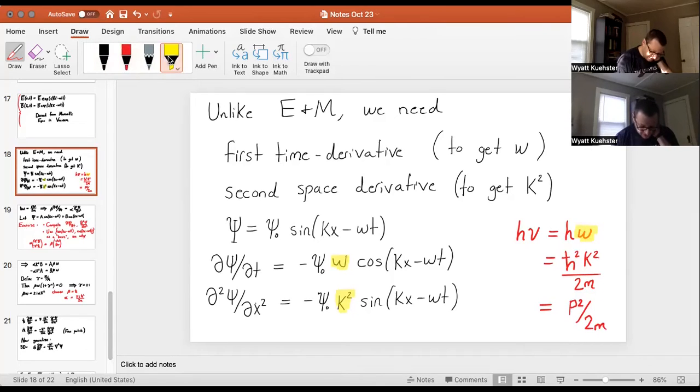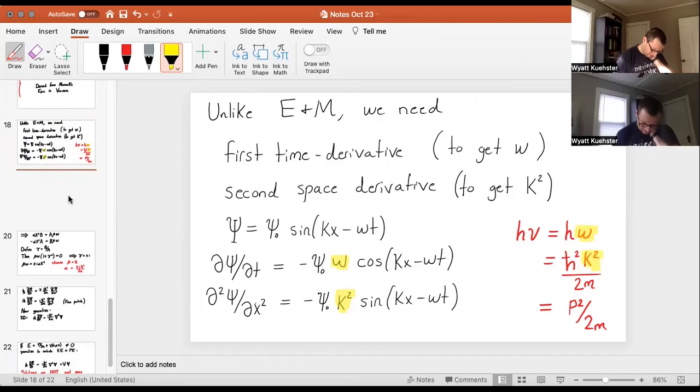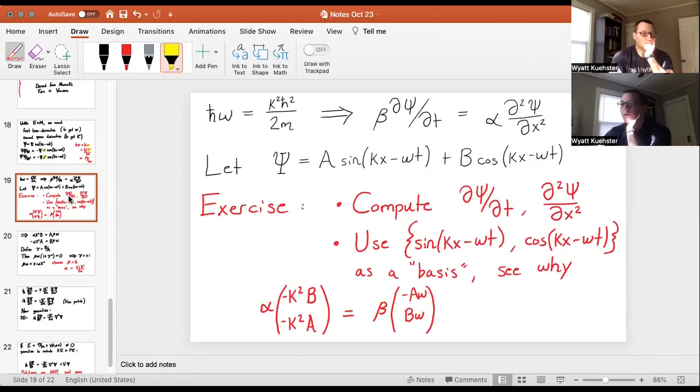So on the other side of the equation, we need a k squared, and we get a k squared by doing a second space derivative. Okay, hopefully that makes sense. Then the equation we need, if we want the two expressions for energy to be equal, is that some constant times the first time derivative equals some other constant times the second space derivative.